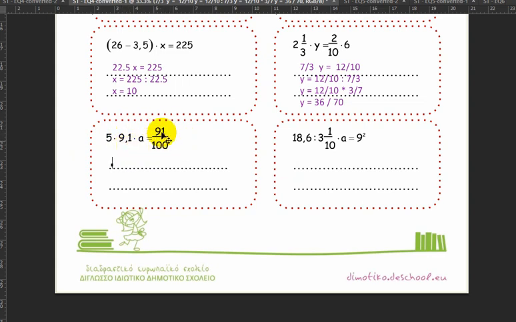Because seeing 9.1 here and 91 here tells me that I should actually not do 5 times 9.1. It will come in more handy to just leave it like that. But let's just avoid that entirely.